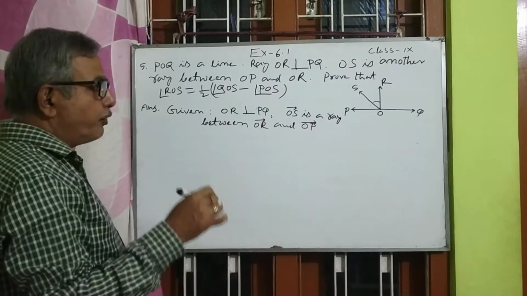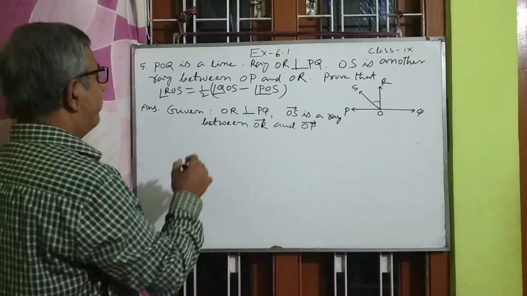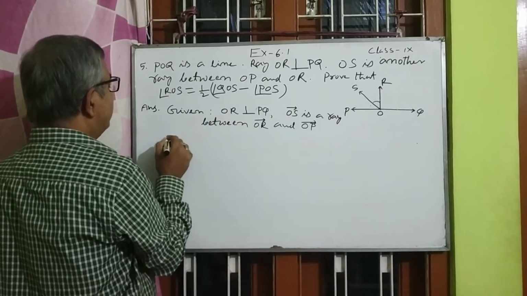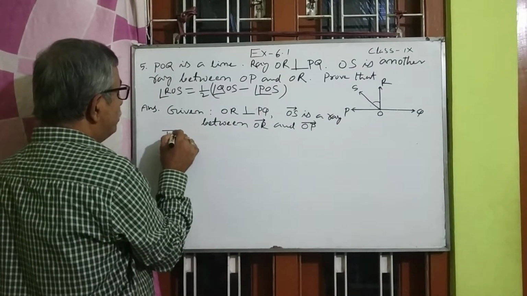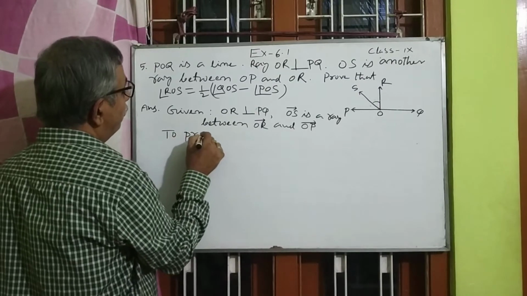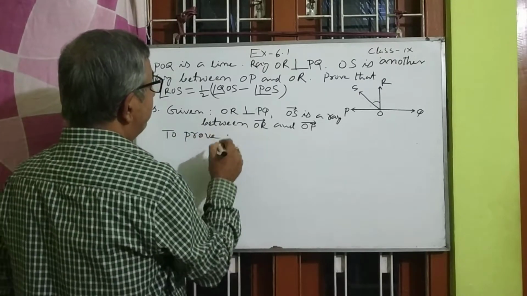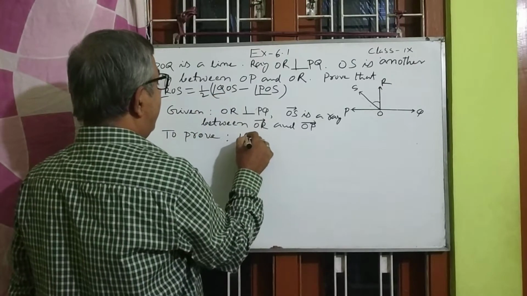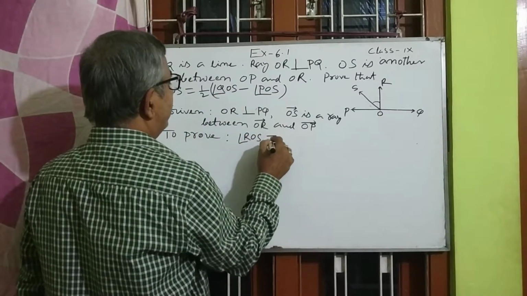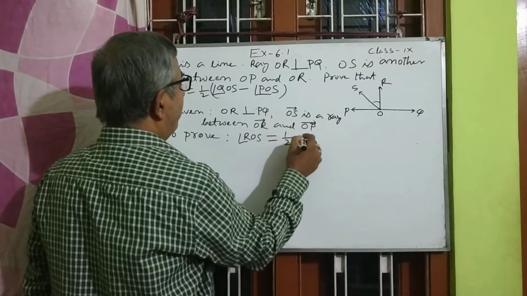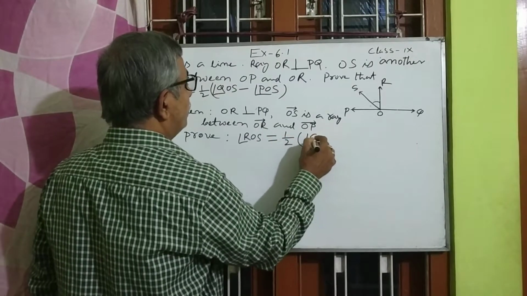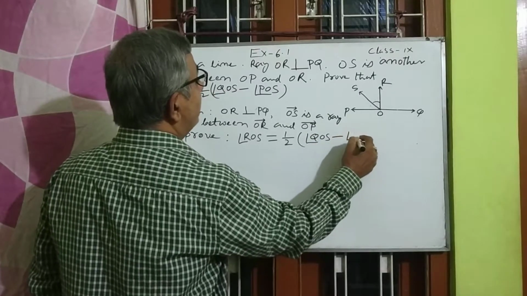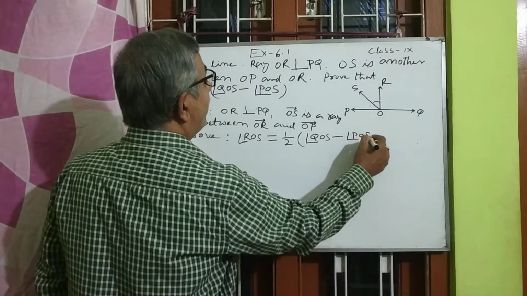After that, what you have to do? You have to prove. First of all, you see the figure. After that, given. And after that, to prove. What is to prove? Whatever is written: angle ROS is equal to half of angle QOS minus angle POS.